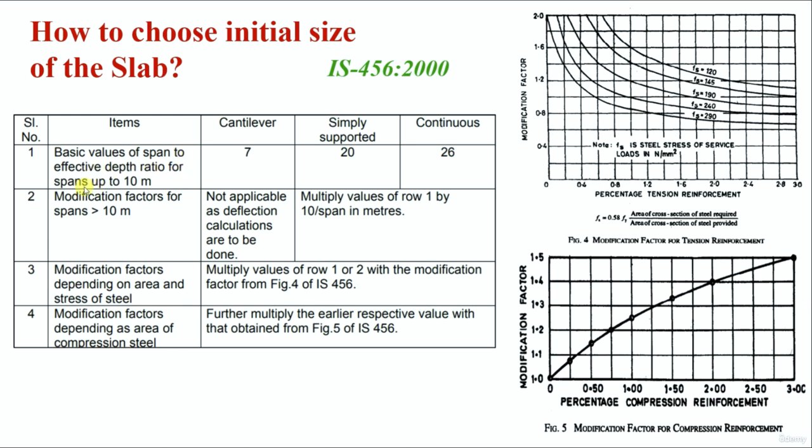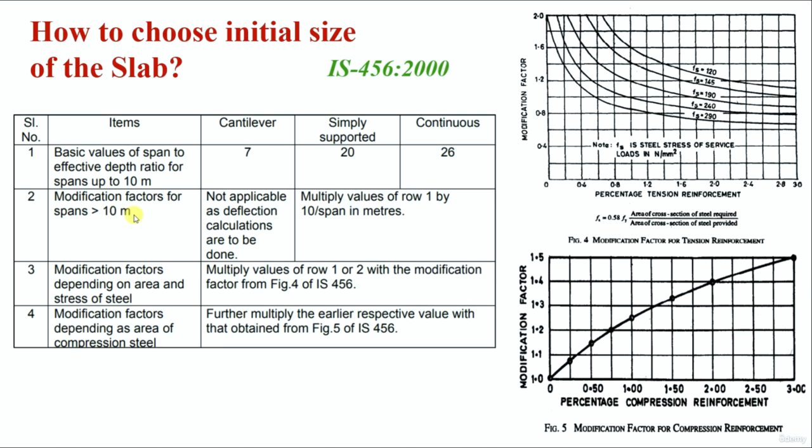So from this table we can see the basic values. Span to effective depth ratio for span up to 10 meters: for cantilever it is 7, simply supported 20, continuous 26. Next, modification factors for spans greater than 10 meters. This is not applicable for cantilever, as deflection calculation should be made. Next is simply supported and continuous: multiply the values by 10 by span in meters.